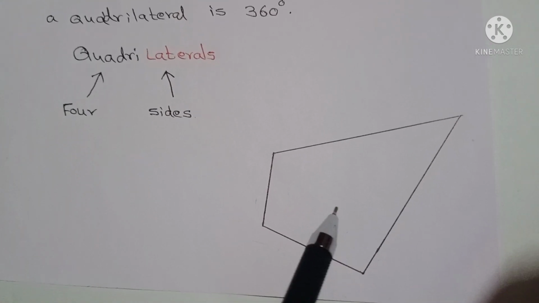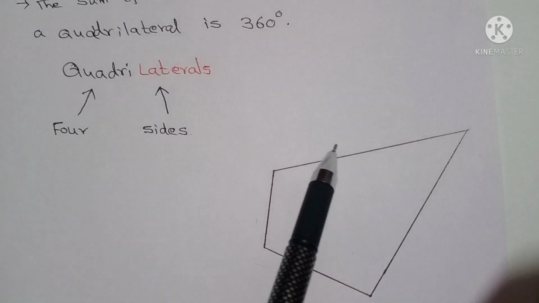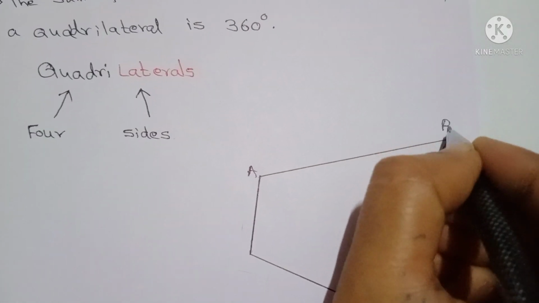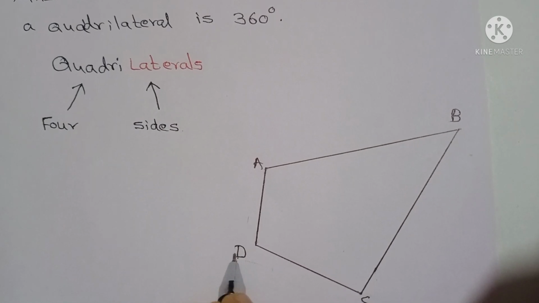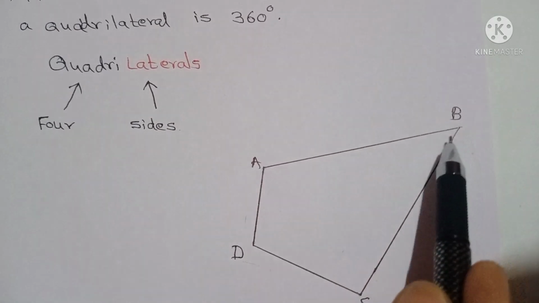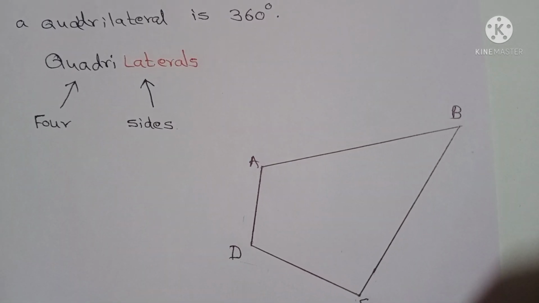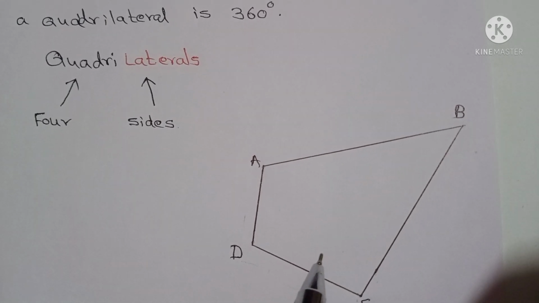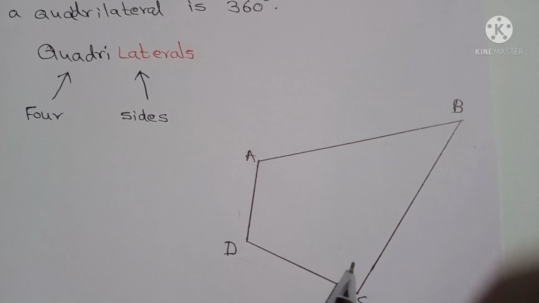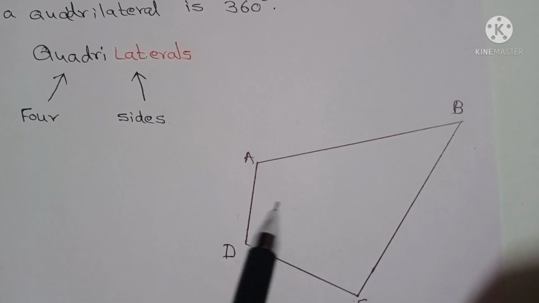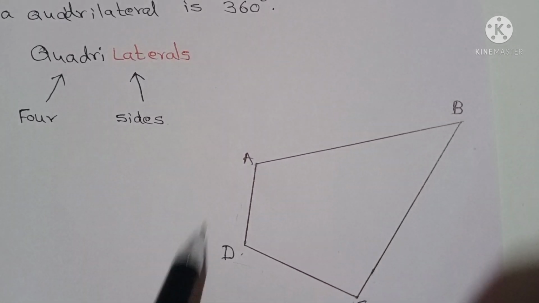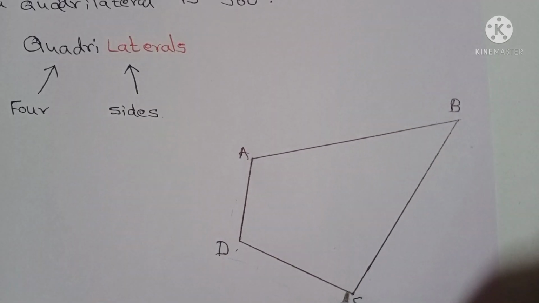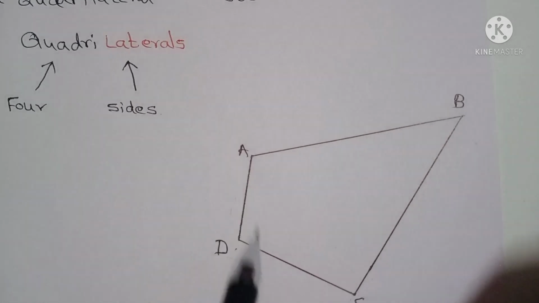This quadrilateral has 4 sides. Just name it A, B, C and D. AB, BC, CD, DA are 4 sides or edges, and angle A, angle B, angle C, angle D are 4 angles.